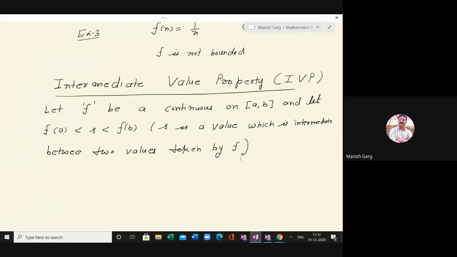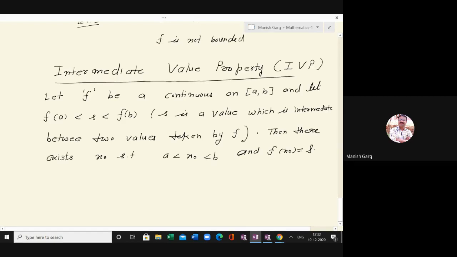It says then there exists a point x naught, with a less than x naught less than b, a point between a and b, and f(x naught) will be S. So this is the IVP.